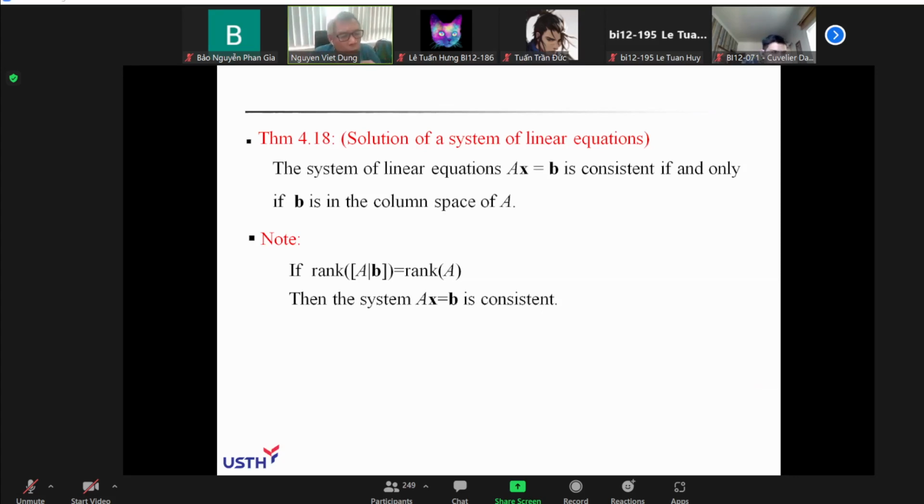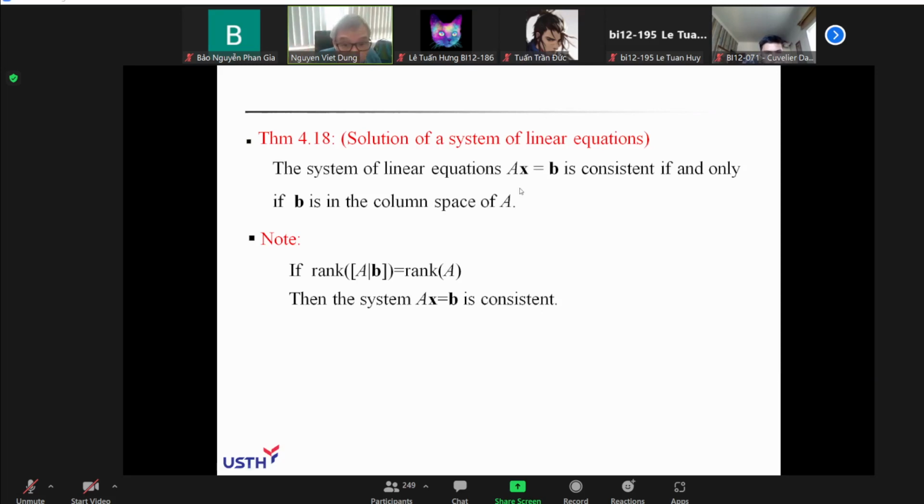In order to verify that b is in the column space of A is somehow not so simple, because you need to find the column space of A and then see if b belongs to it. However, we have another criterion that is much easier to check.